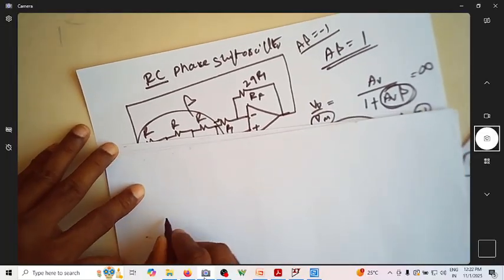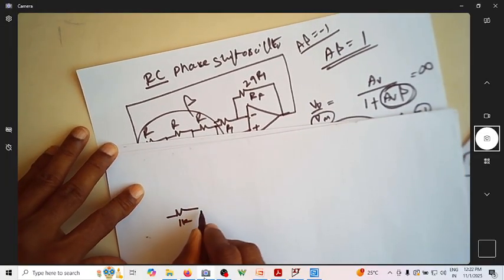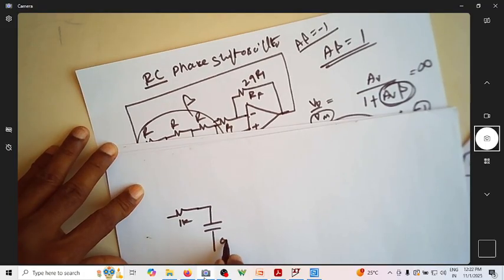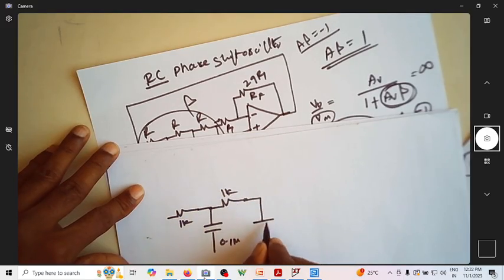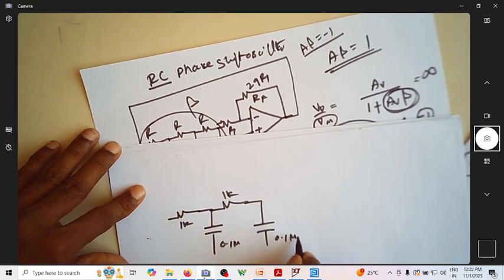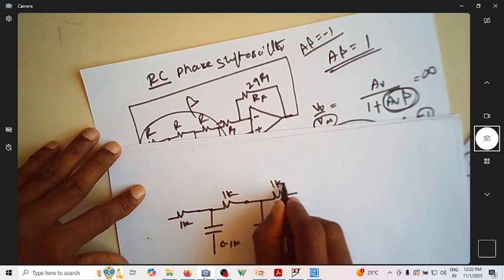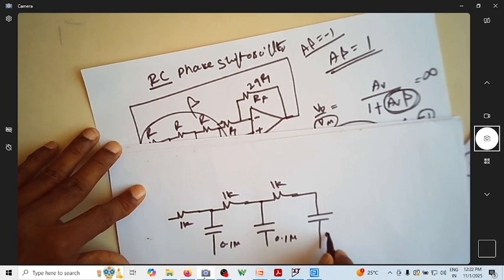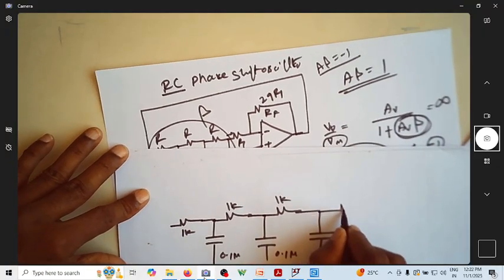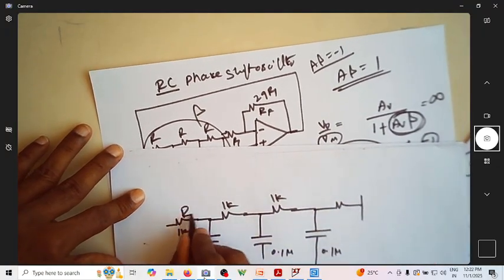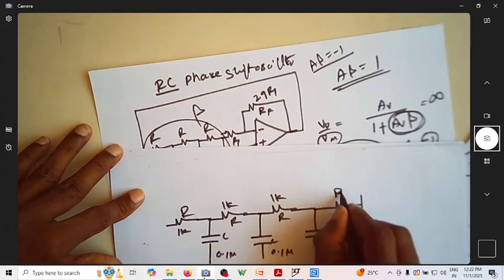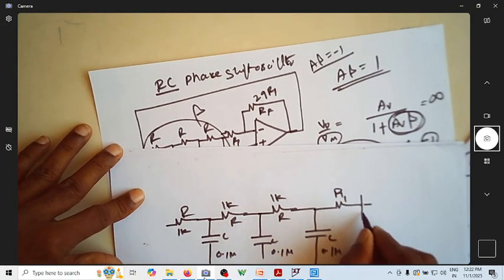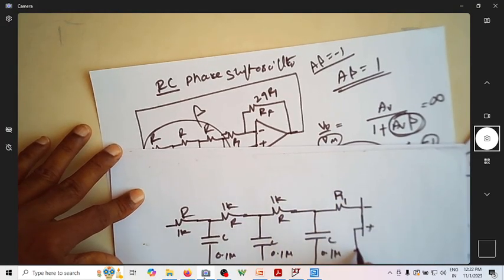So let me just take it as 1K, 0.1 micro. Again this is 1K, 0.1 micro. This is again 1K, 0.1 micro. Here this is my R1, this is R, C, R, C, R, C, and this goes to the inverting terminal; the non-inverting terminal is grounded.